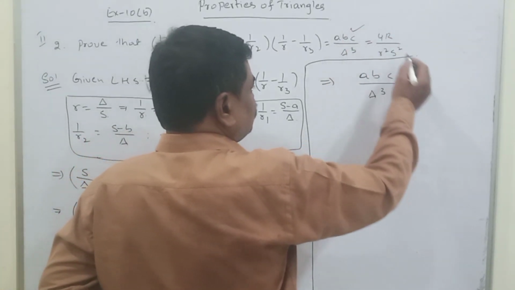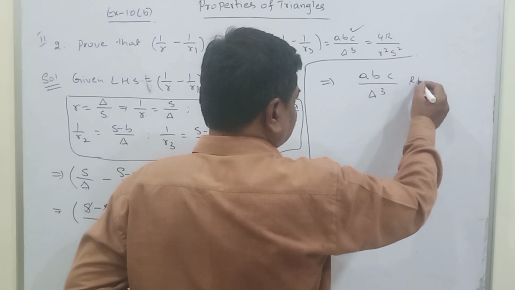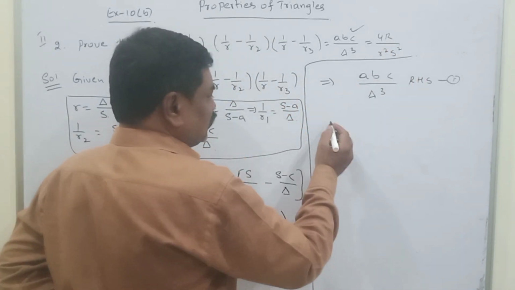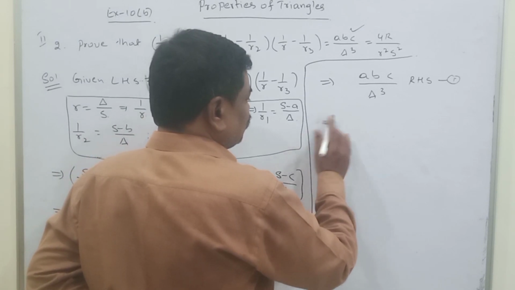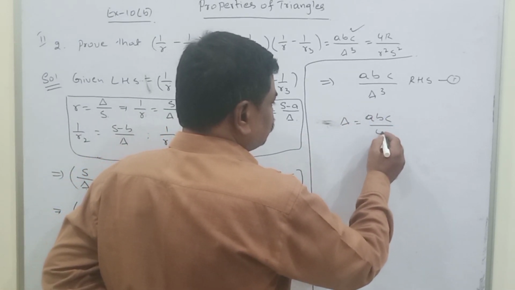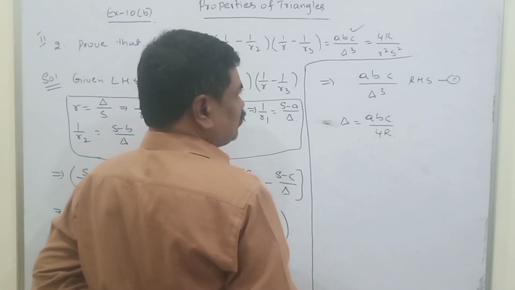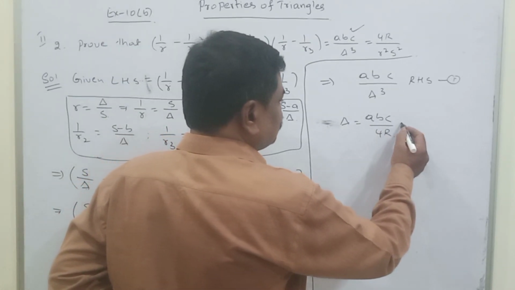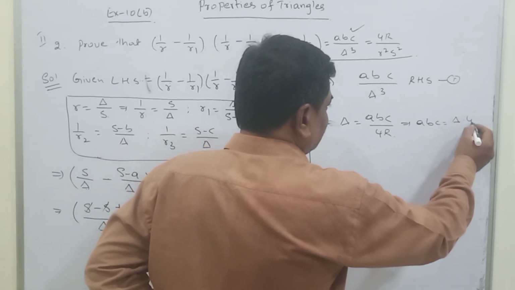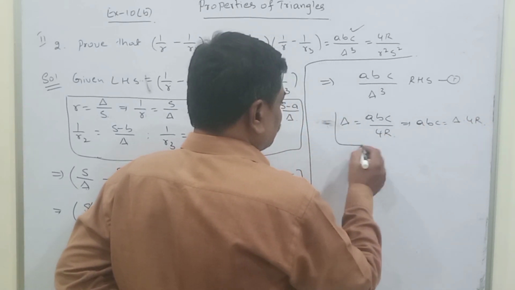So, the first one, RHS. Here, delta is equal to abc by 4R, the formula. From this, what is abc? abc is equal to delta into 4R.